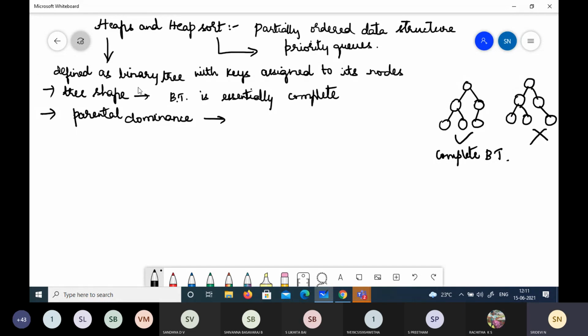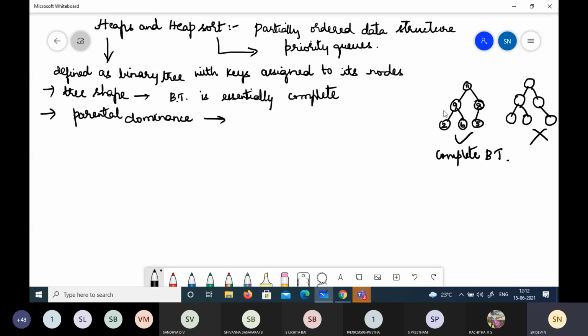A heap is defined as a binary tree with keys assigned to its nodes. If keys are assigned, the heap is a tree in which there will be parental dominance.